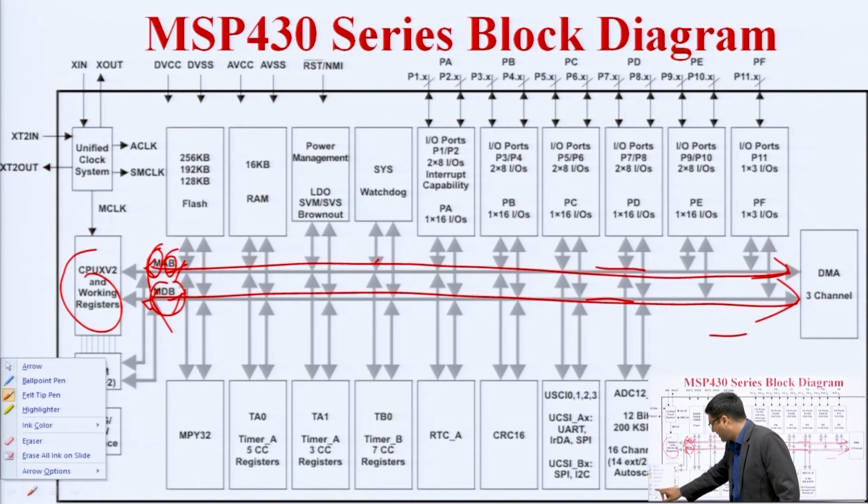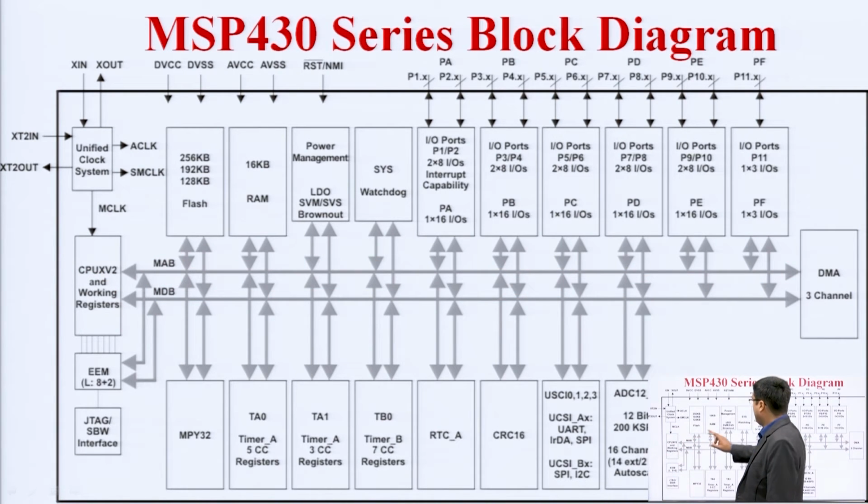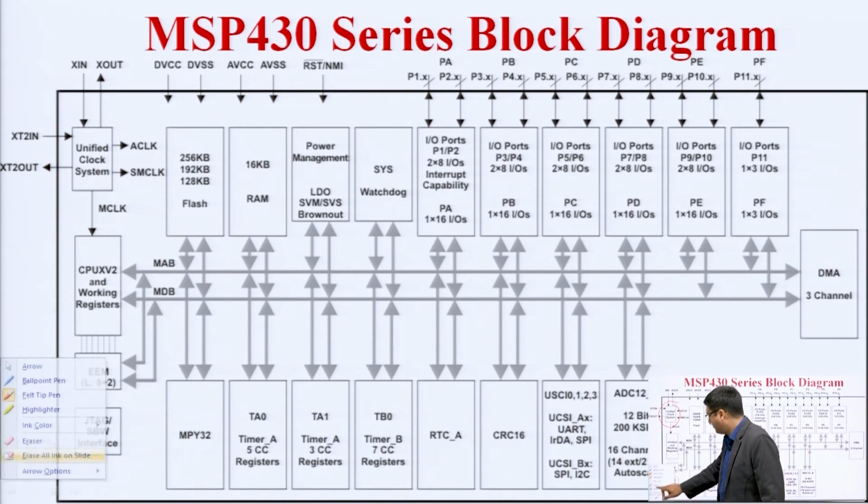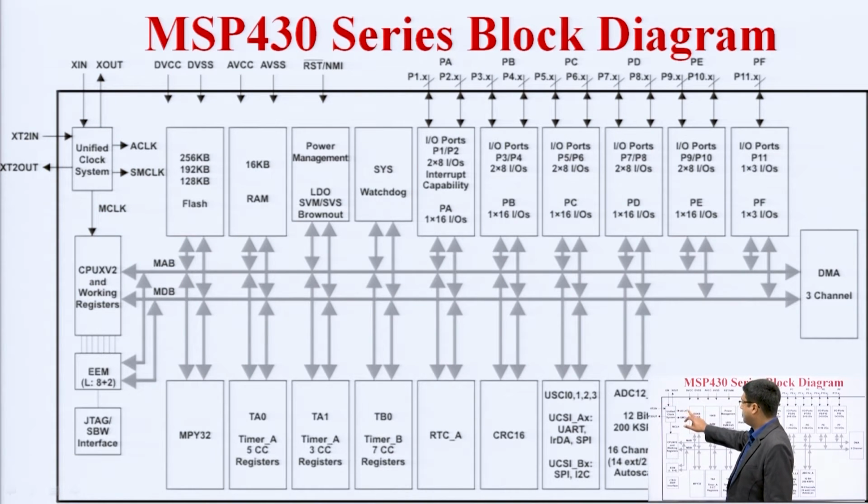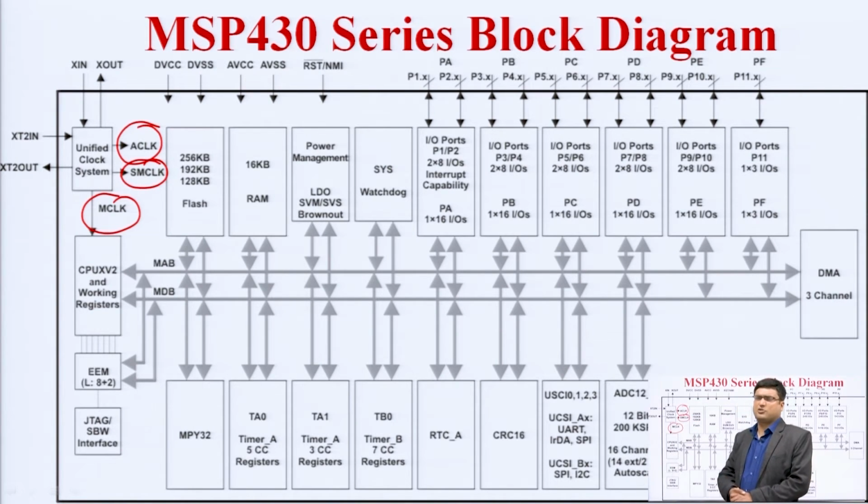Okay. So, let us start one by one. Here you can see the unified clock system. What is the meaning of the unified clock system? You can see there are 3 types of clocks available in this MSP430: ACLK, auxiliary clock, SMCLK, and MCLK, the master clock. But in other microcontrollers like 8051, you can see that there is only one clock available to trigger the system.